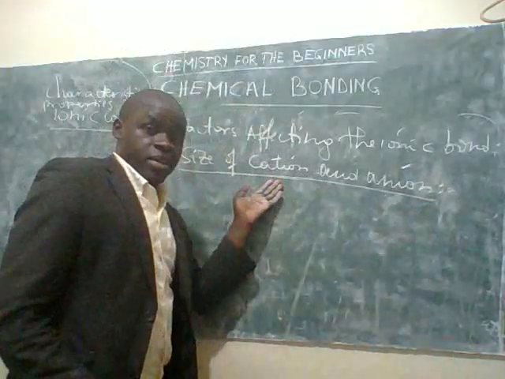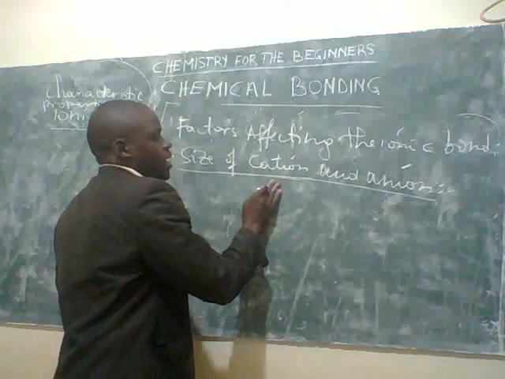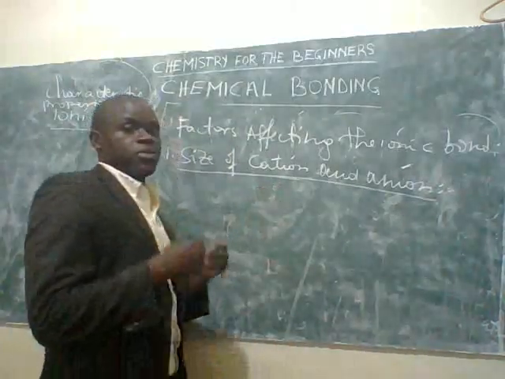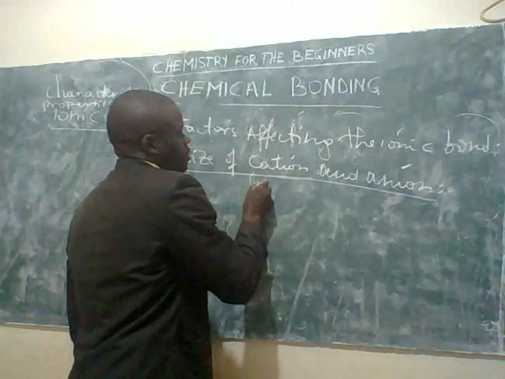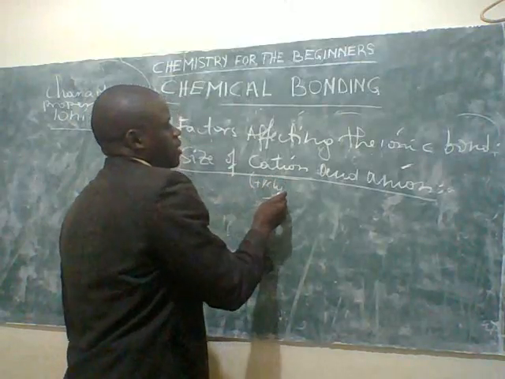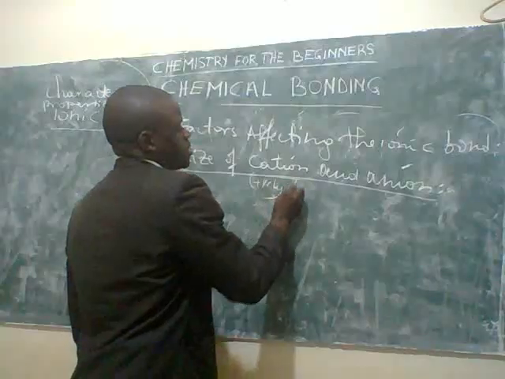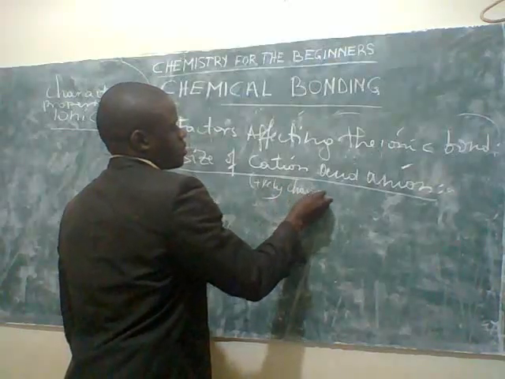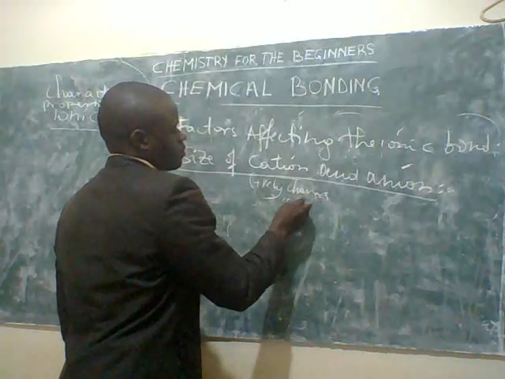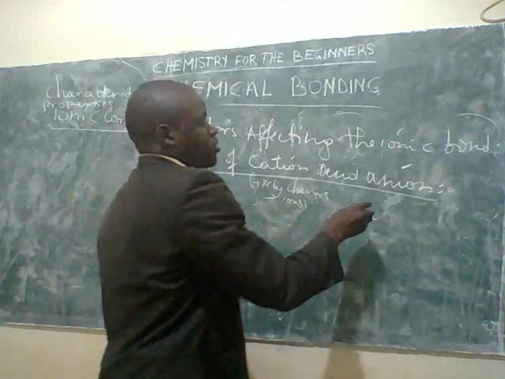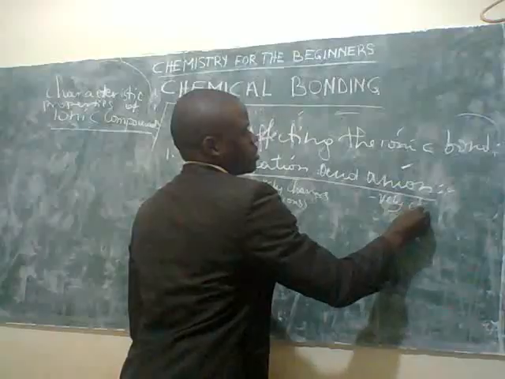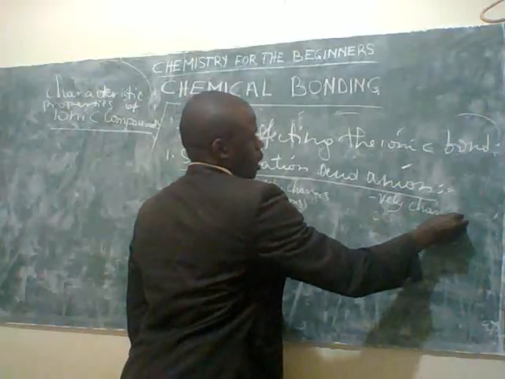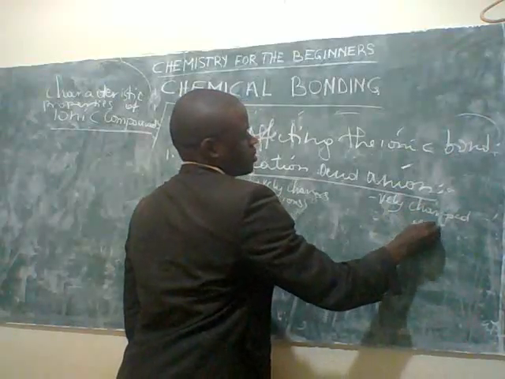You remember about the cations. Cations, they are metals, for example. They are the positively charged ions. And then anions, they are negatively charged ions.